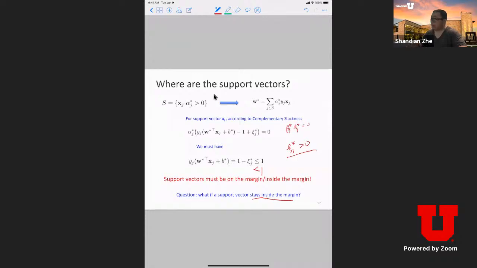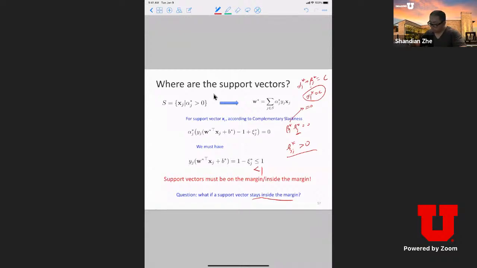This guy is strictly positive, then this guy must be 0. At the same time, we know alpha_j star plus beta_j star is C. So beta_j star is 0, meaning that alpha_j star is C.